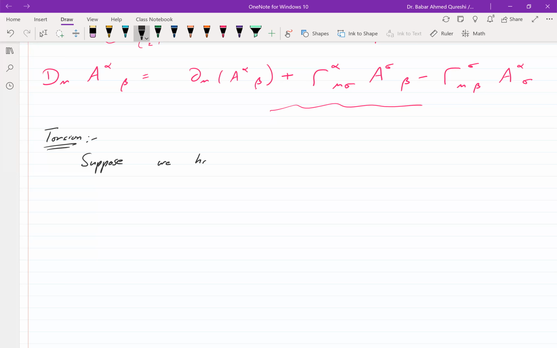As long as they transform properly, they are connection coefficients. Suppose we have two different connections. So giving these coefficients is called giving a connection. So you are given two connections.